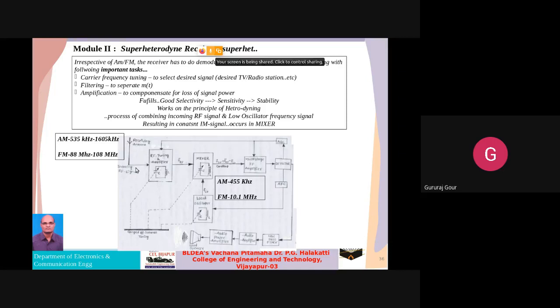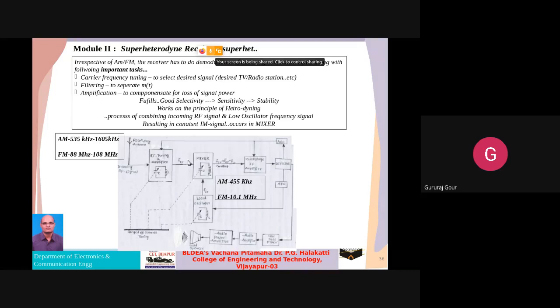That will be received by the receiving antenna, and it will be effectively received by the RF tuning and amplifier, which is tuned to receive the AM signal at a particular frequency. If you are receiving an FM signal, it should be tuned in its own range only. Then only are we able to receive the FM signal. Then, if it is possible, we can amplify it based on the loss of power.